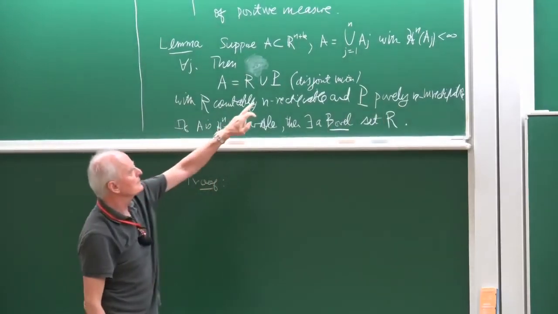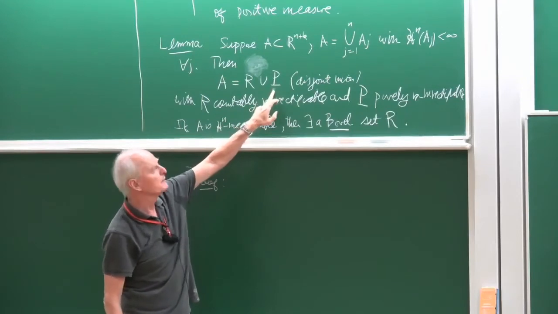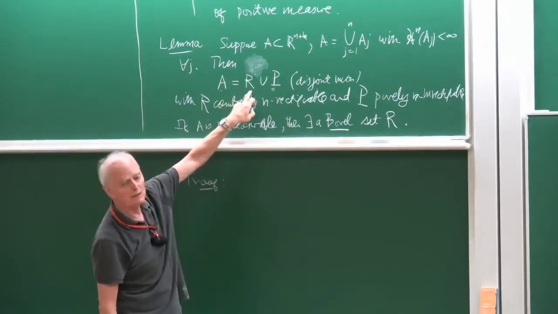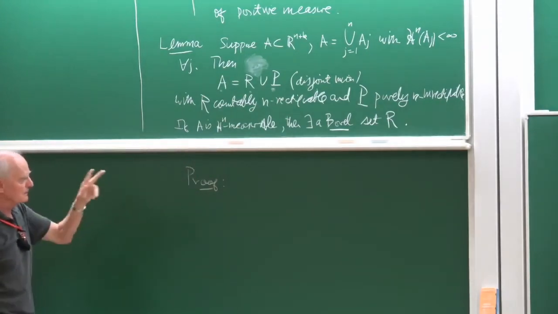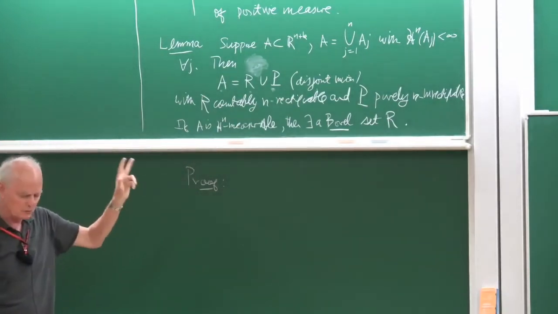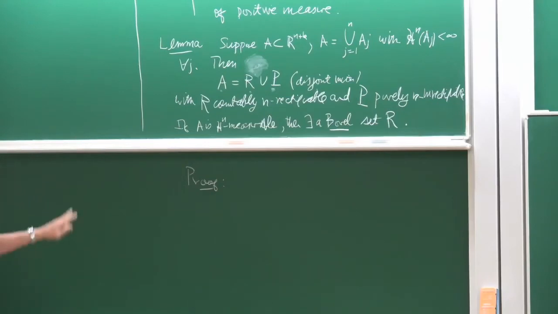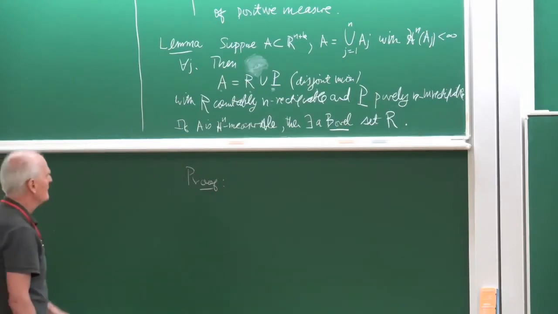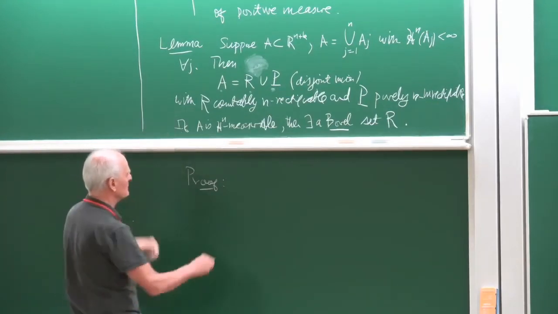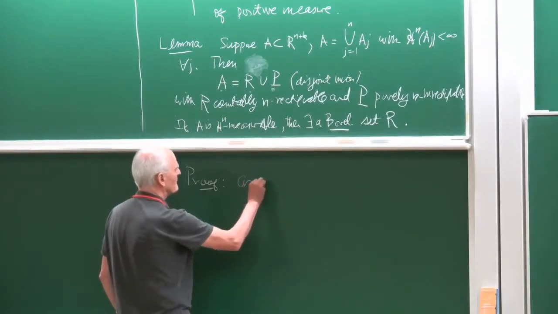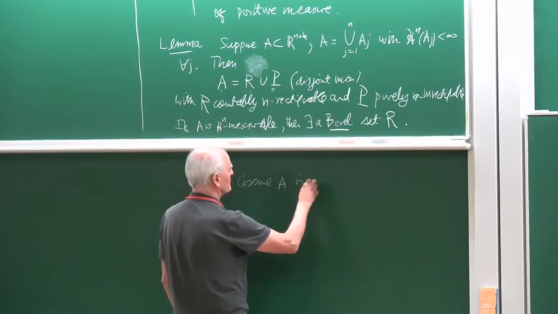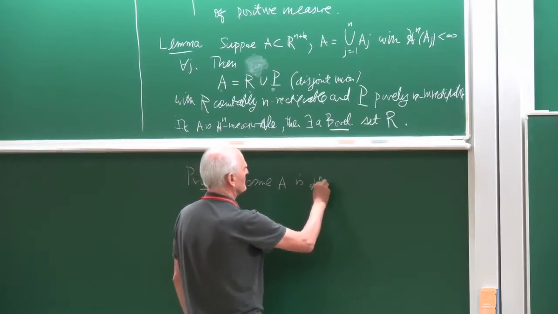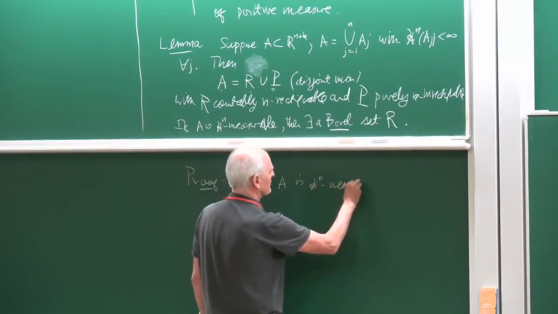Notice that P is then automatically measurable too, because P would be A minus R. But the content of that last bit is that you can choose R to be a Borel set if A is H^n measurable. We're going to prove this part first. So assume A is H^n measurable. Let's do that case first.